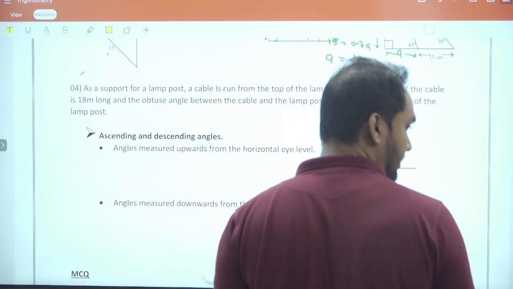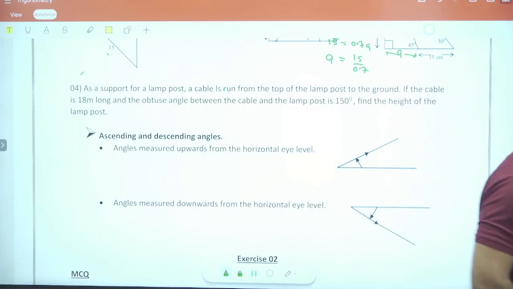Right, anybody found it? The angle is given between what? Between the cable and the lamp post. Now show me the lamp here, this is the lamp, so the angle between the cable and the lamp is what is given.